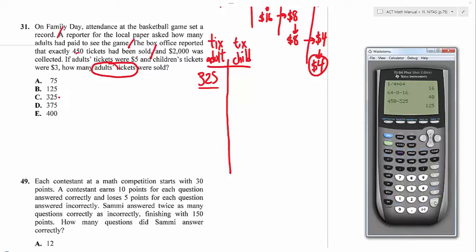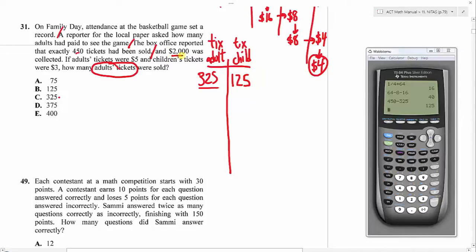So we have 125 child tickets. And now the only other piece of information that we need to check is this 2,000 for the total amount collected. And therefore, what we need to use is this $3 for the children's tickets and this $5 for the adult tickets. And we'll just track this right in these columns.